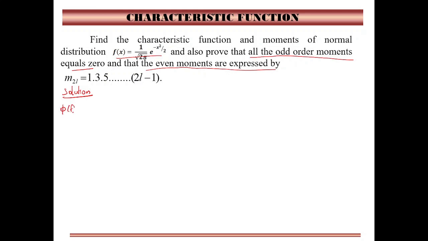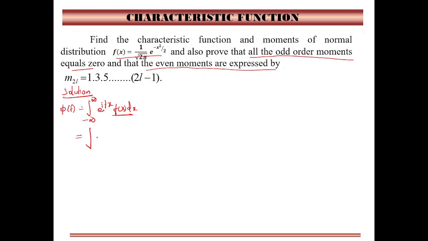Pi of t is equal to the characteristic function, which is integral from minus infinity to plus infinity e power itx into f of x dx. Here f of x is given here, so we substitute here.